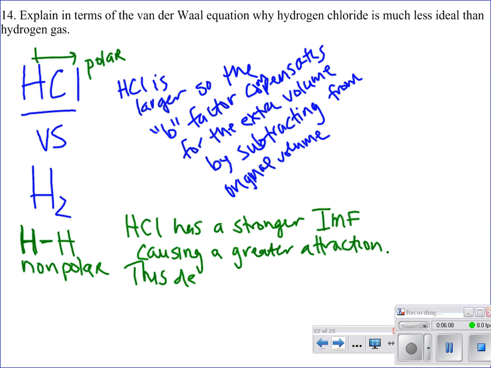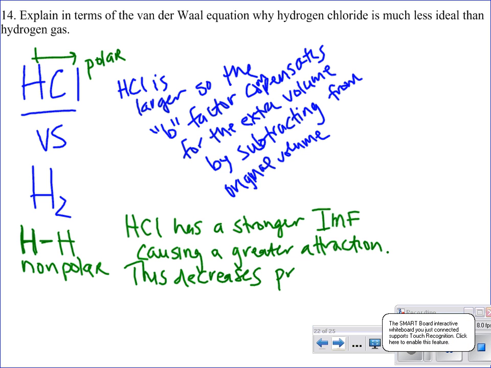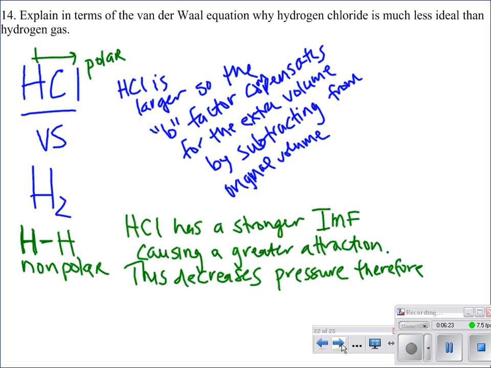Therefore, the correction factor a is added to increase the pressure.